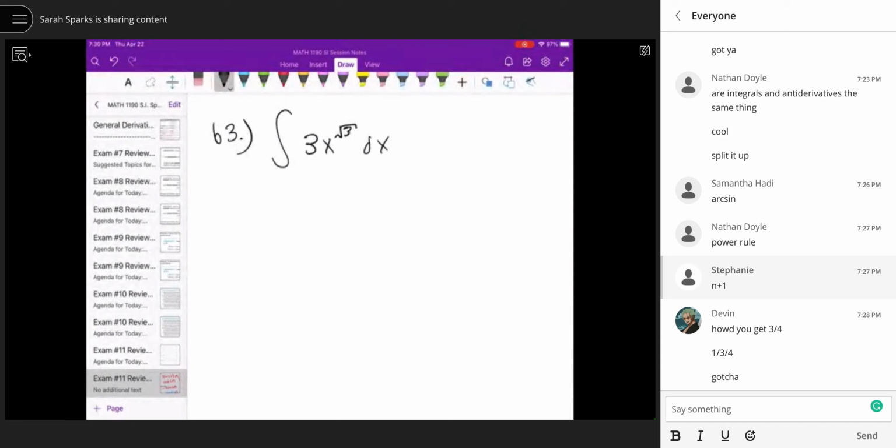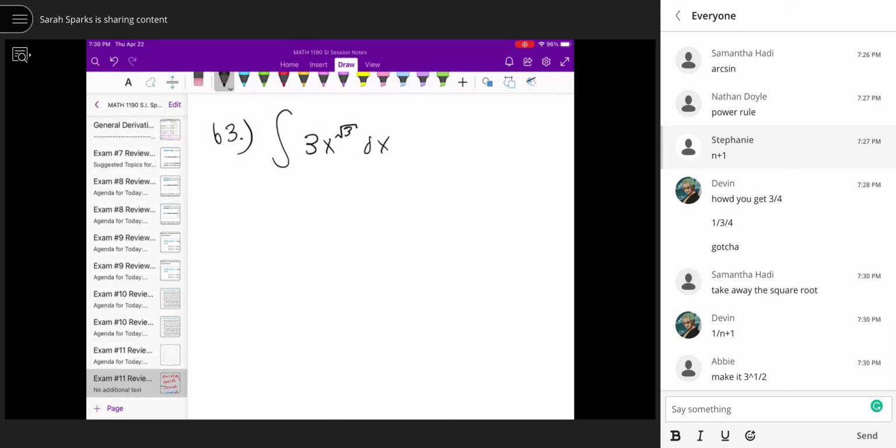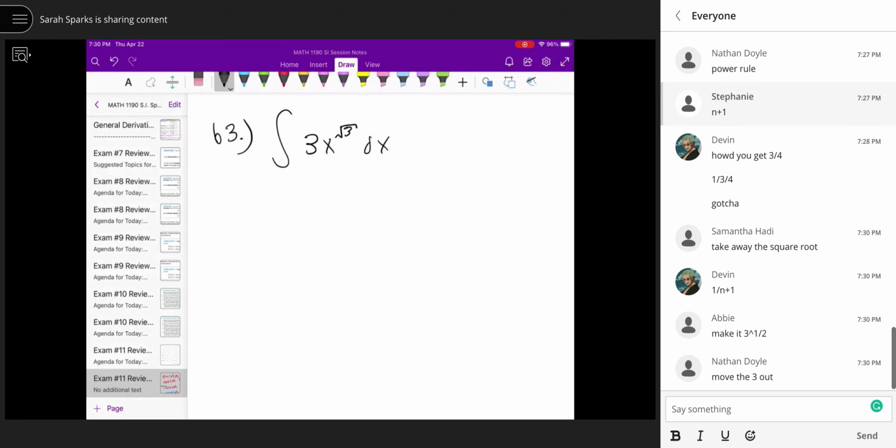So what's your first instinct when you see this integral? Yeah, I mean, we can't really take away the square root, but we can move out the 3.